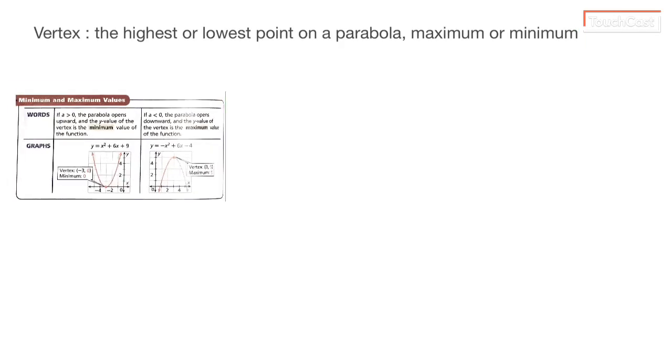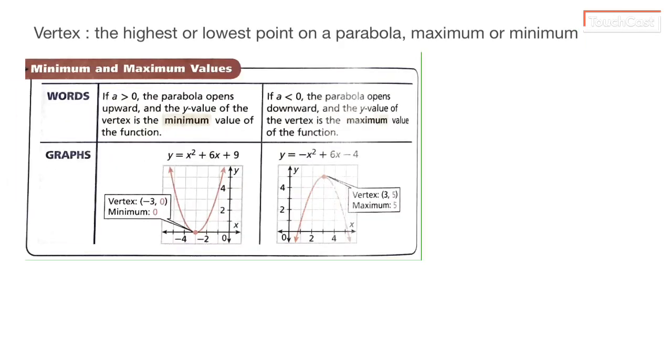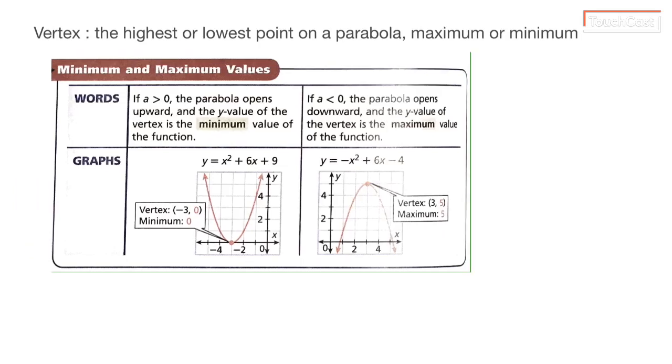And then here we have a graphic, just a description of minimum and maximum values. So we say if the parabola opens upward, the graph is going to have a minimum value, and if it opens downward, the graph has a maximum value. And you've got two pictures here that you can copy into your notes.